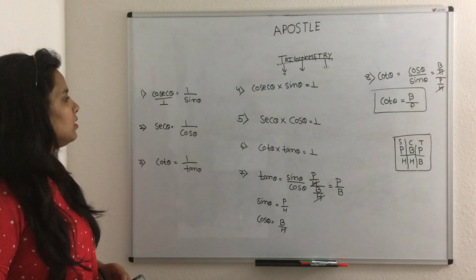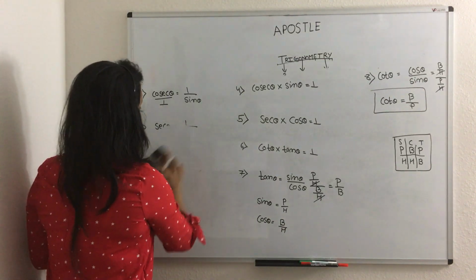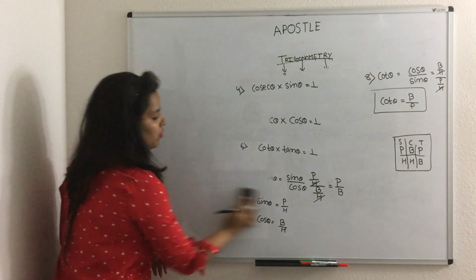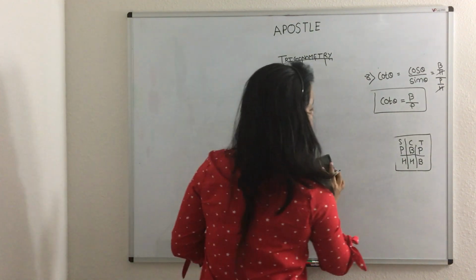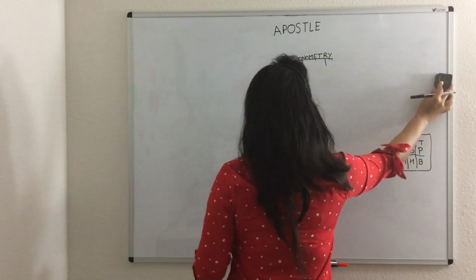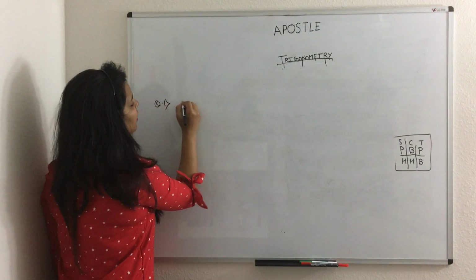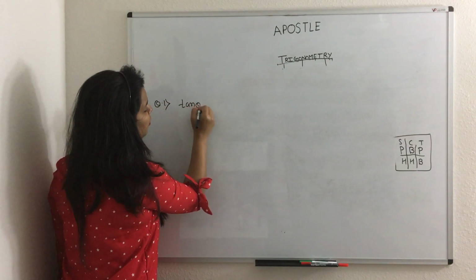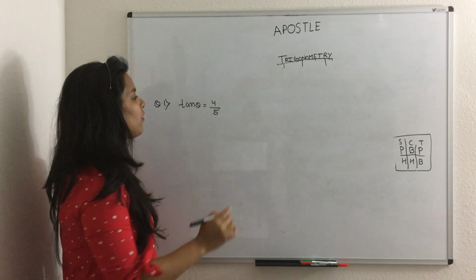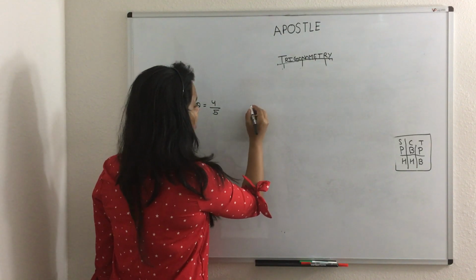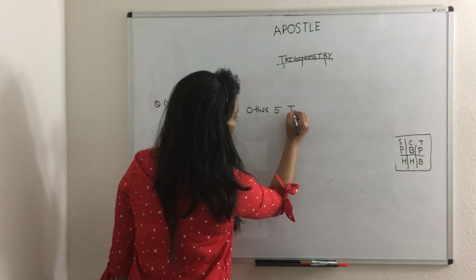Now we are going to discuss one question related to these only. First of all, question 1 is this: we are given tan theta is equal to 4 by 5, and we have to calculate the other 5 trigonometric ratios.